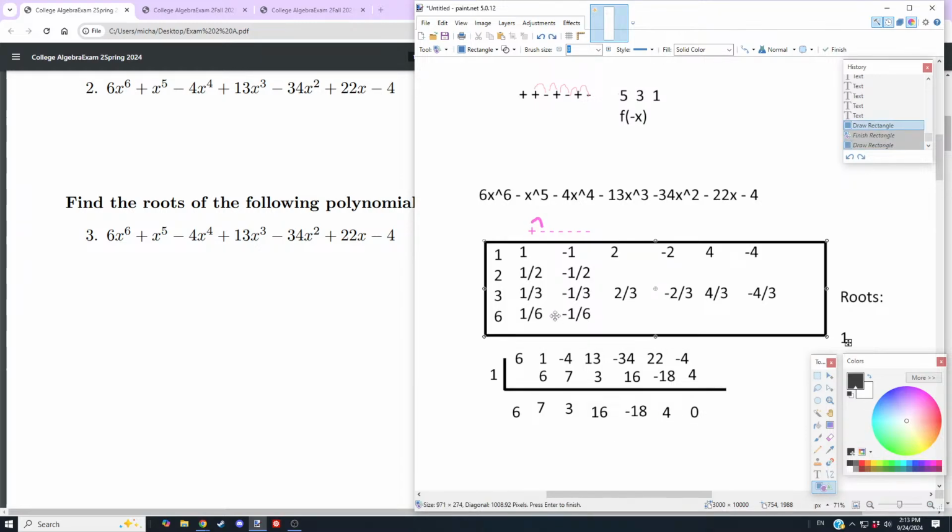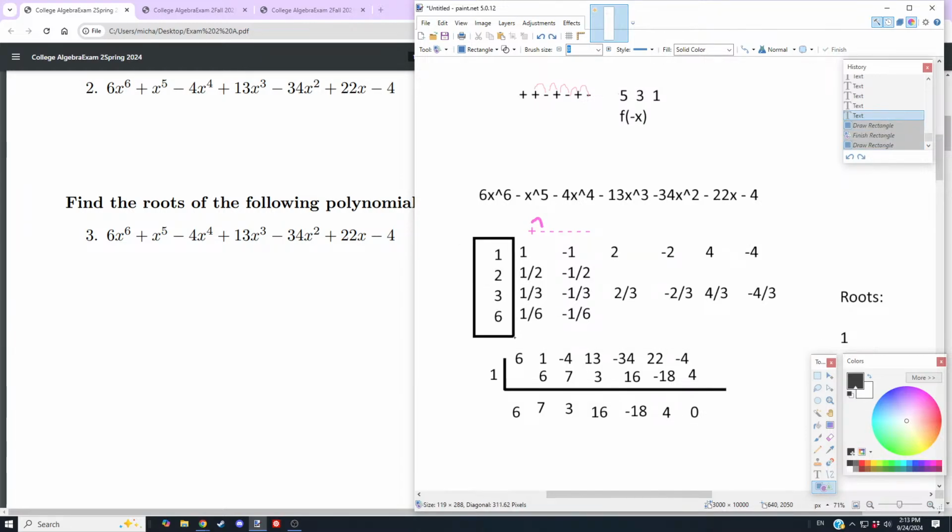We also have to check to see, are these numbers here factors of the leading coefficient? And the answer is yes. 1, 2, 3, and 6 are all factors of 6. So this time we weren't able to cancel anything from the number sieve, but sometimes we can.